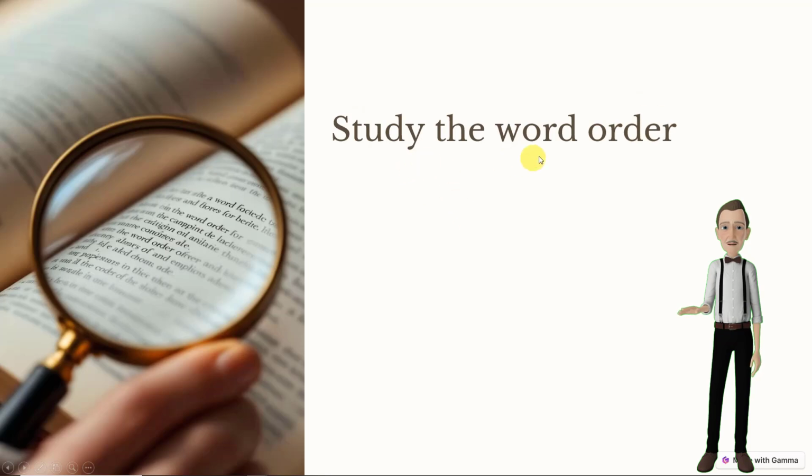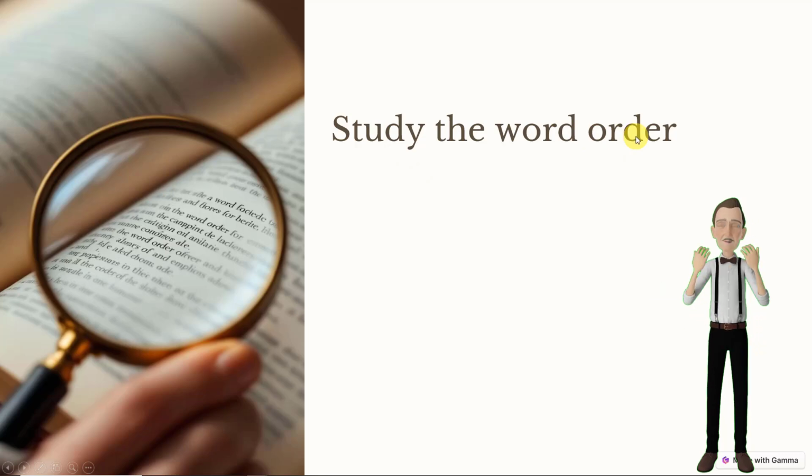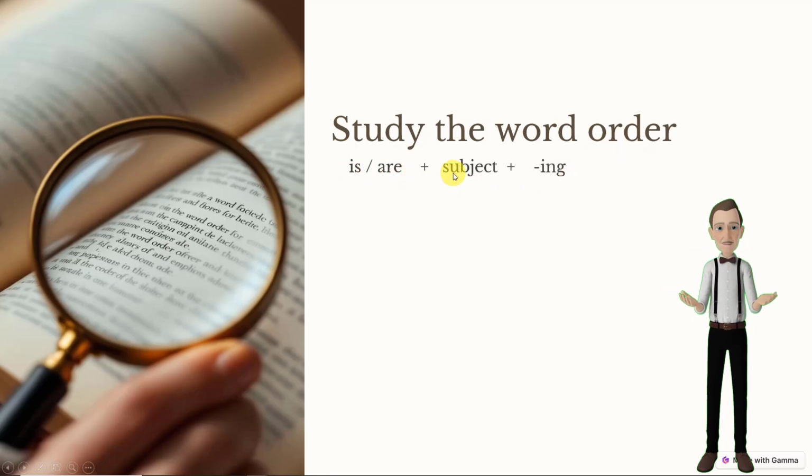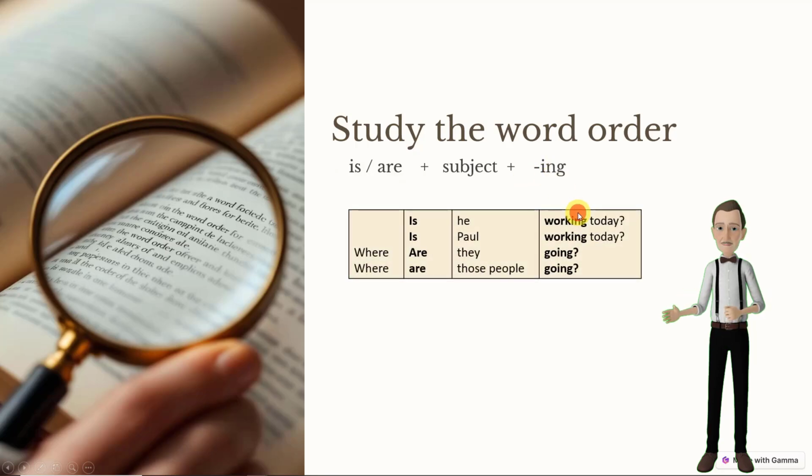the word order. Guys, this here, I can't tell you how important it is. You know, I've been teaching in Southeast Asia for approximately 18 years, and I can't tell you how many people still don't get this right. It's important, guys, to study it. Is or are plus a subject plus -ing. For instance, is he working today?